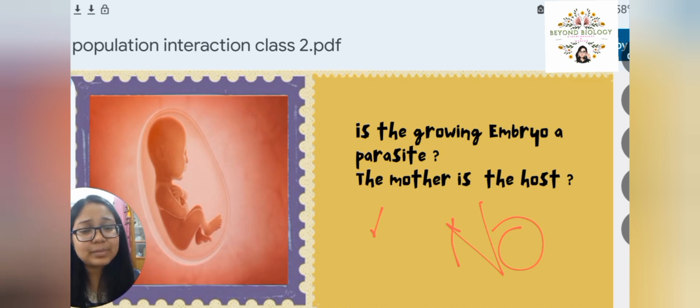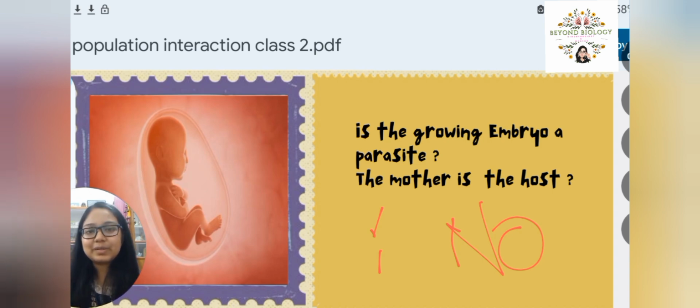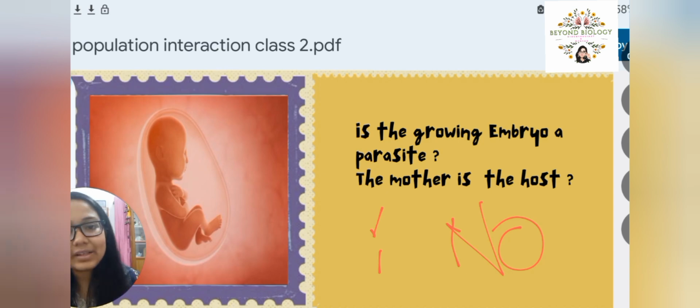Apart from the emotional part also, the first statement for being a parasite is that the parasite and the host need to be of 2 different species. Remember, we discussed the malarial parasite and the human. Human is a different species, and that protozoa, the malarial parasite, is a different species. Moreover, the growing fetus is a part of the reproductive process of humans. What a relief.